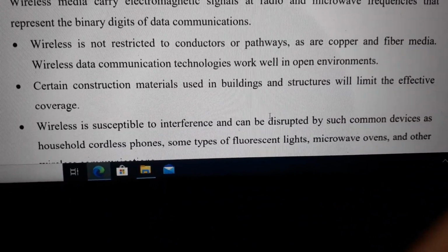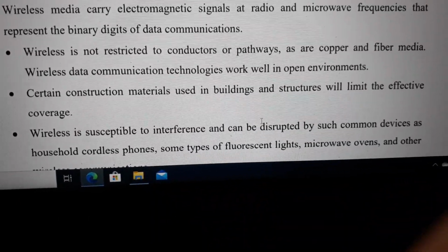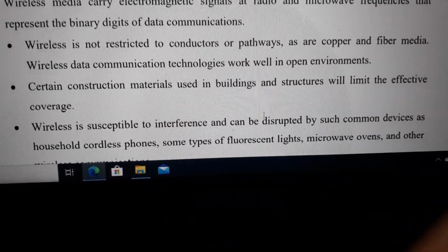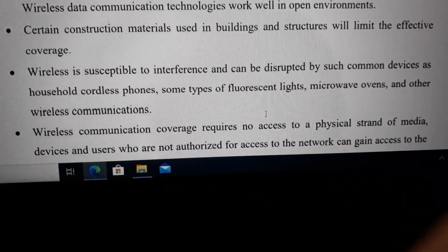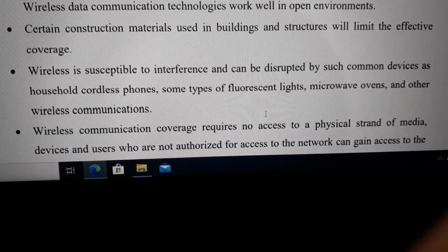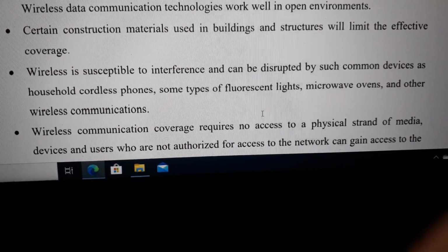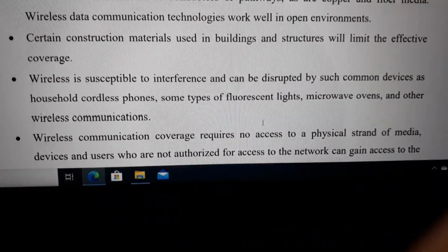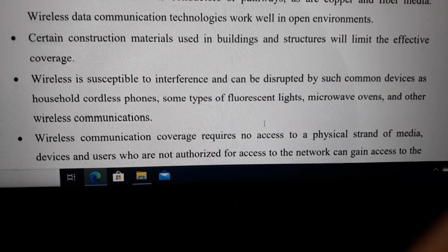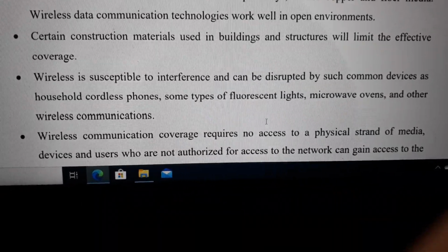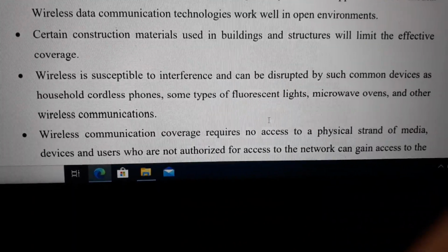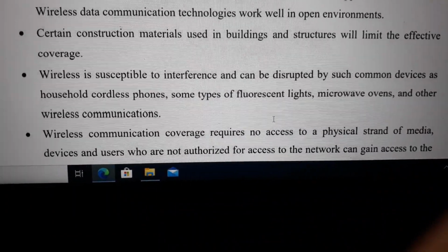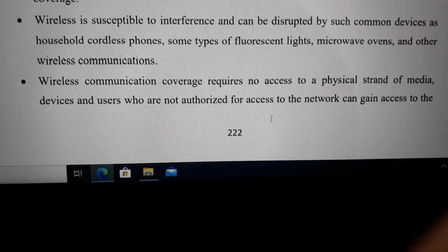Certain construction materials used in buildings and structures will limit the effective coverage. Wireless is susceptible to interference and can be disrupted by such common devices as household cordless phones, some types of fluorescent lights, microwave ovens, and other wireless communications.